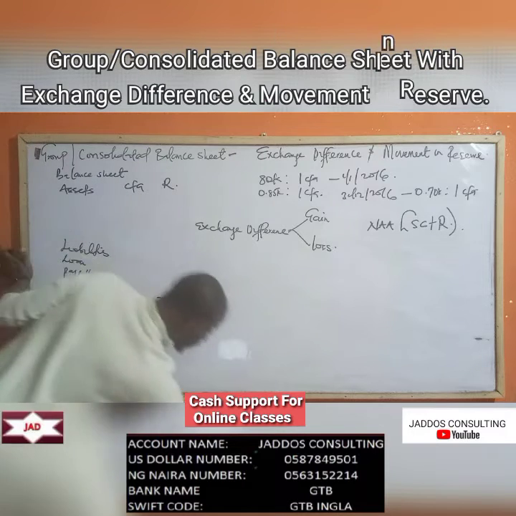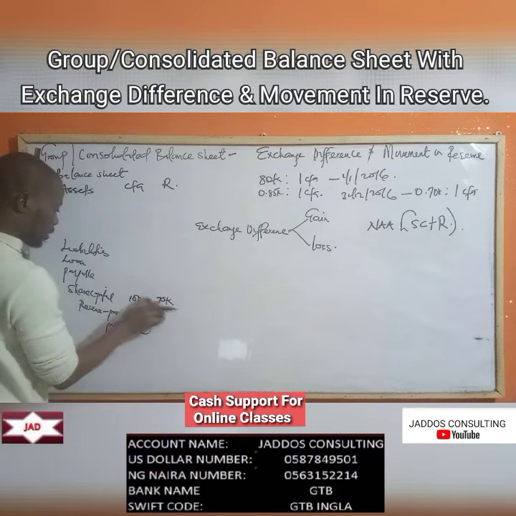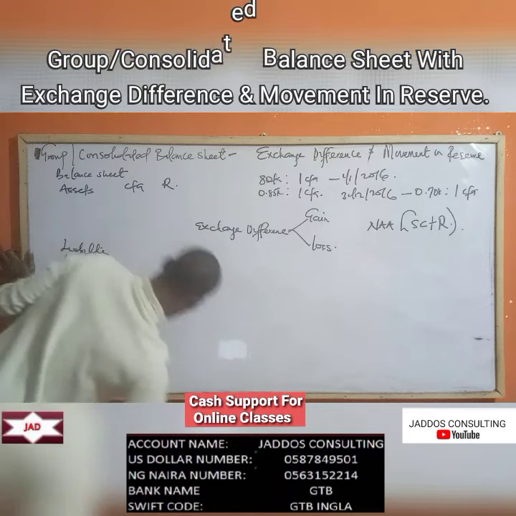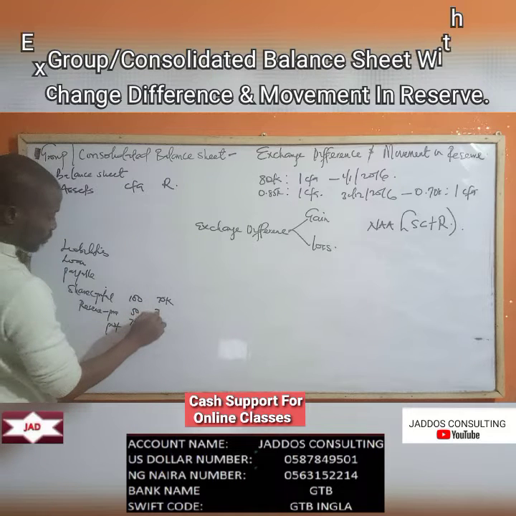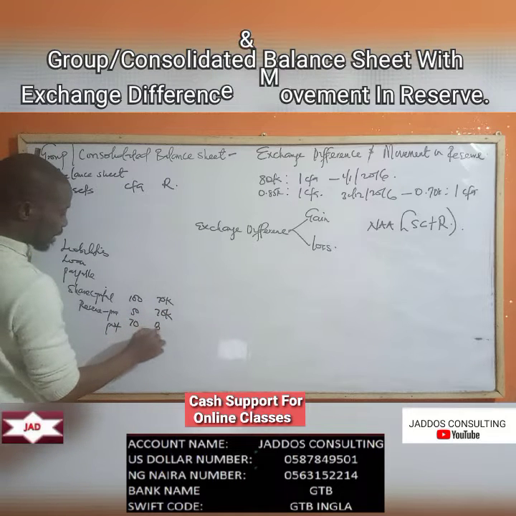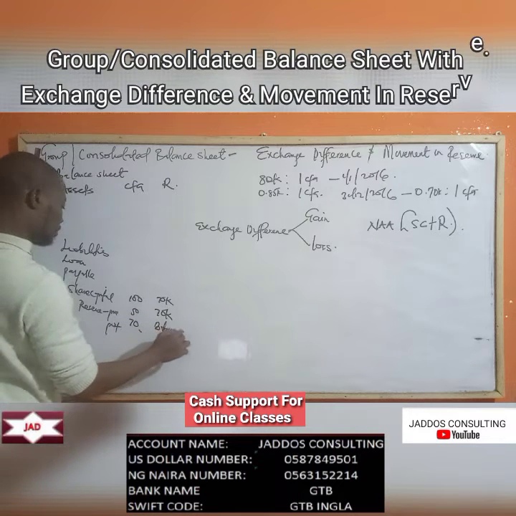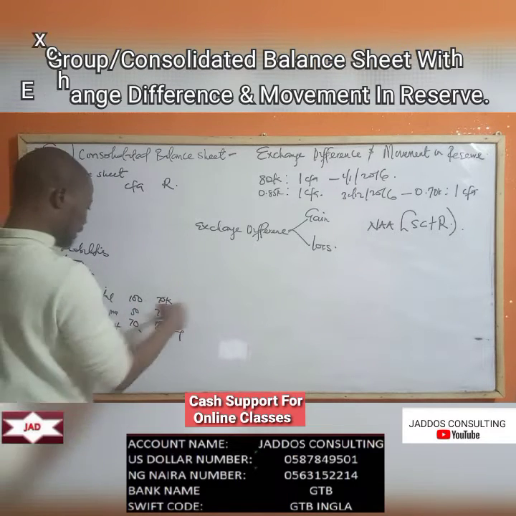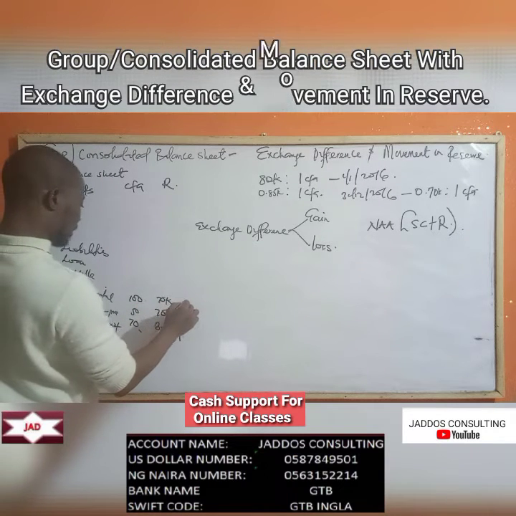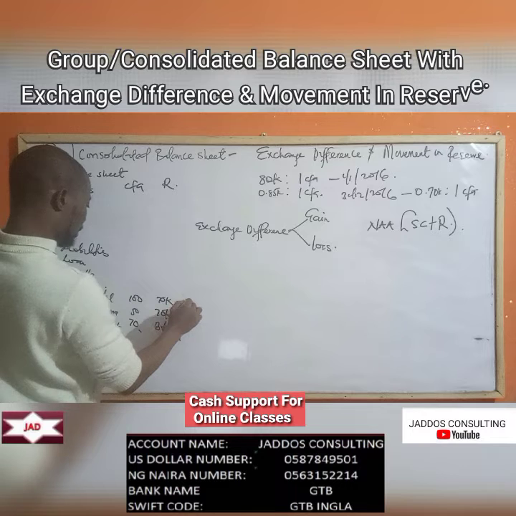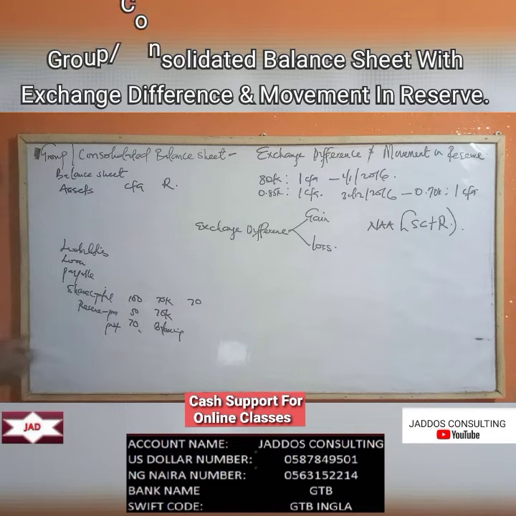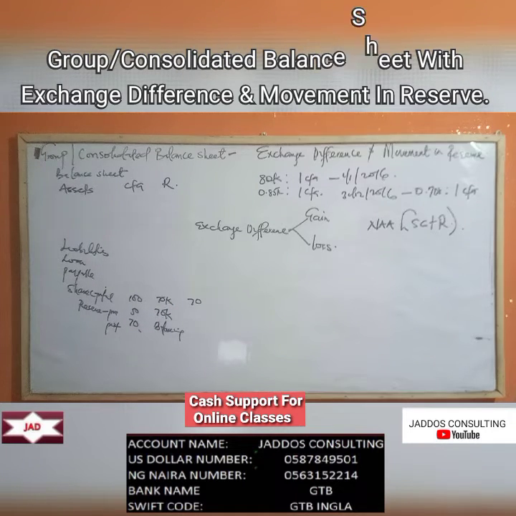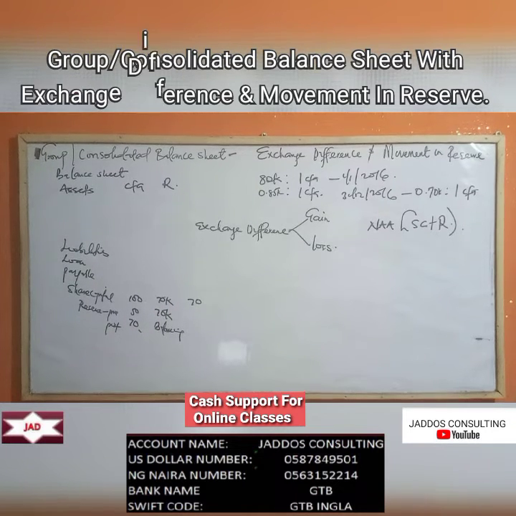So this one here will be 70 kobo, and then this will be balancing. This guy here should be 70 kobo times 50, that is 35.